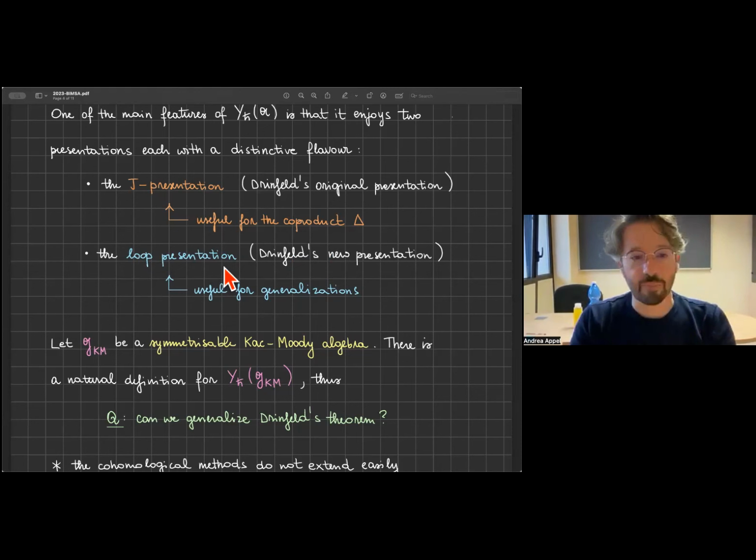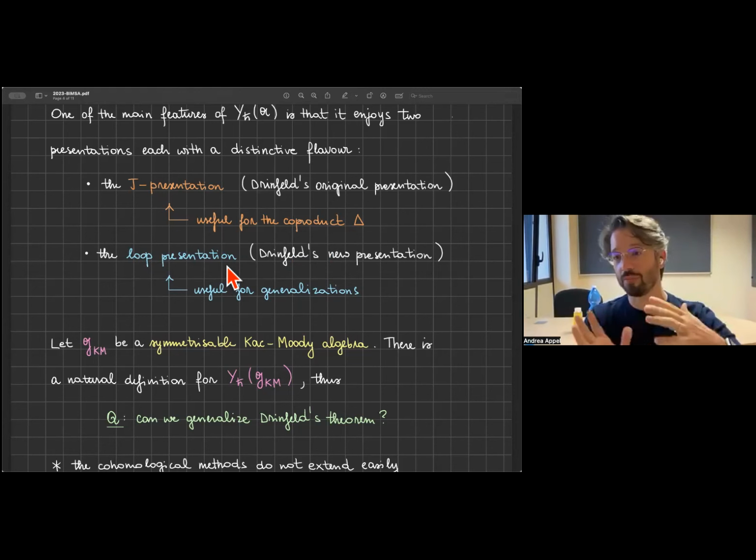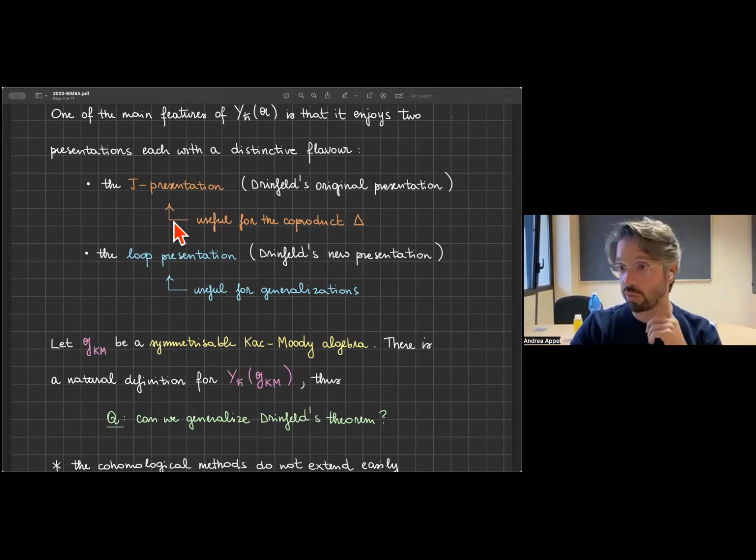So in fact, even in the finite type case, there is a sort of ping pong between these presentations that help you to prove properties of this algebra. In particular, whenever you want to look at the Hopf algebra structure, you need in fact to work with both presentations.